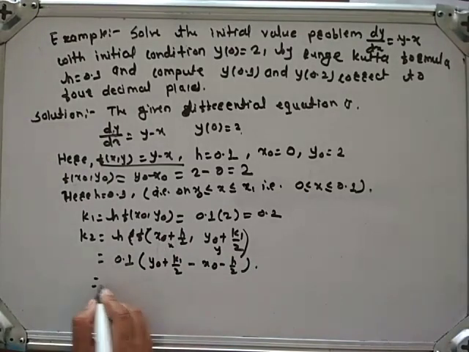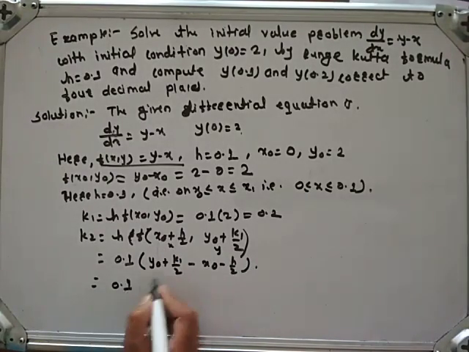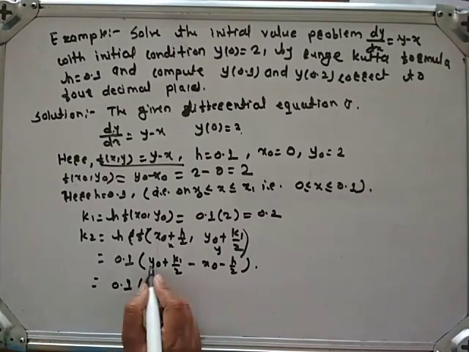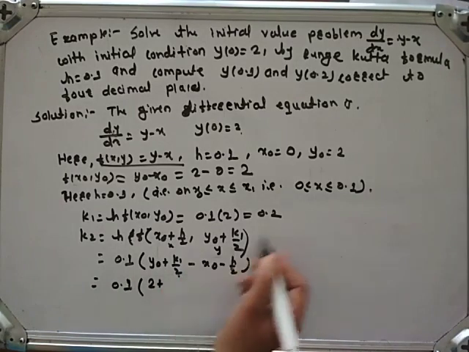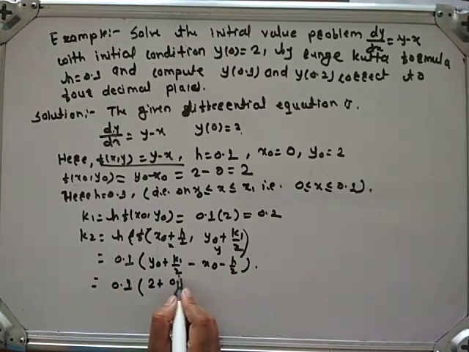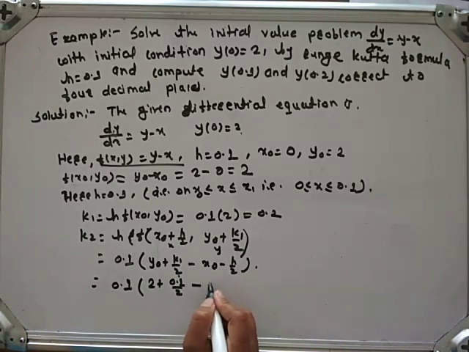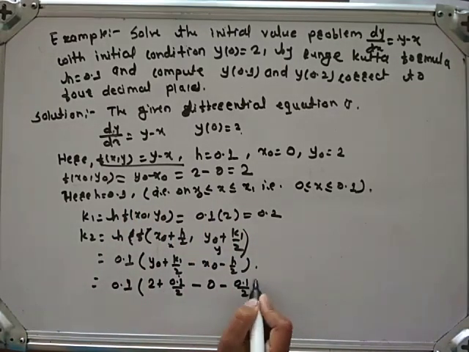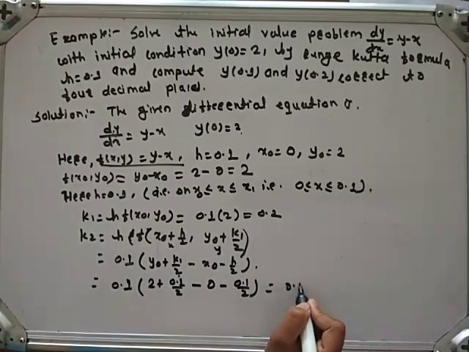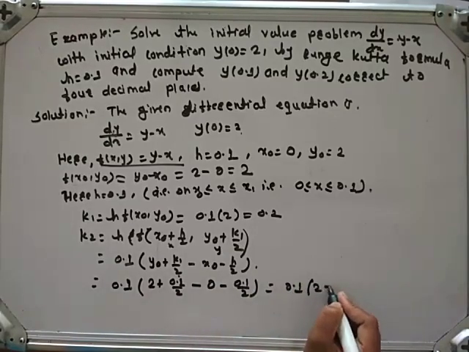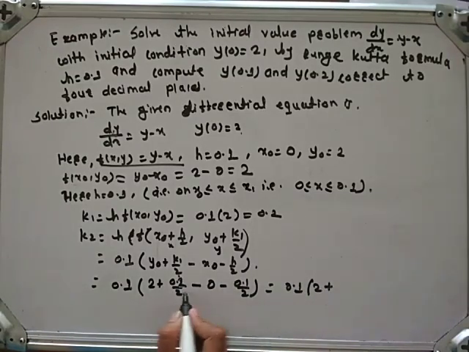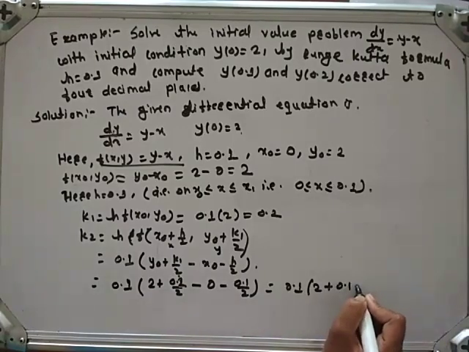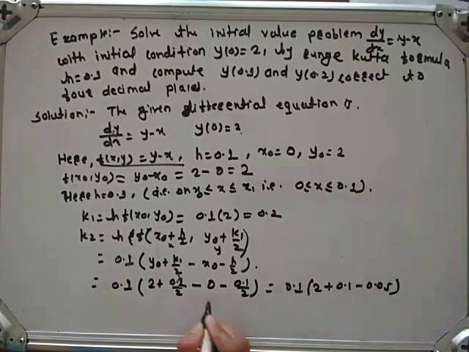This is equal to 0.1 into 2 plus 0.2 upon 2 minus 0 minus 0.1 upon 2, which is 0.1 into 2 plus 0.1 minus 0.05.